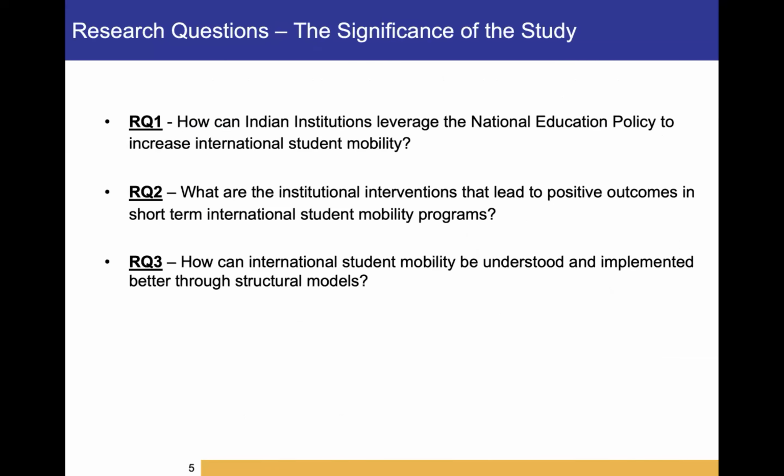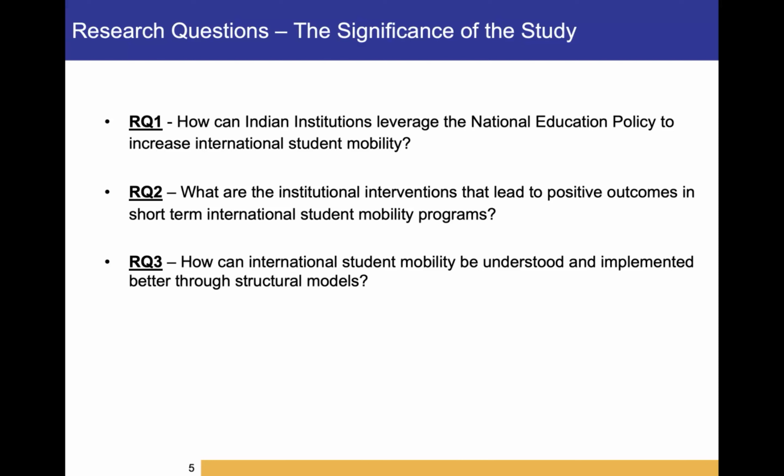Hence, this study focused on examining how this National Education Policy can be adapted by Indian institutions, particularly in the area of student mobility, which is the focus of this paper, and what kinds of interventions, institutional support and practices Indian universities can adopt that can lead to better outcomes, better student satisfaction, and short-term international student mobility programs with better learning outcomes, better practice, and better brain circulation at the end of the day.